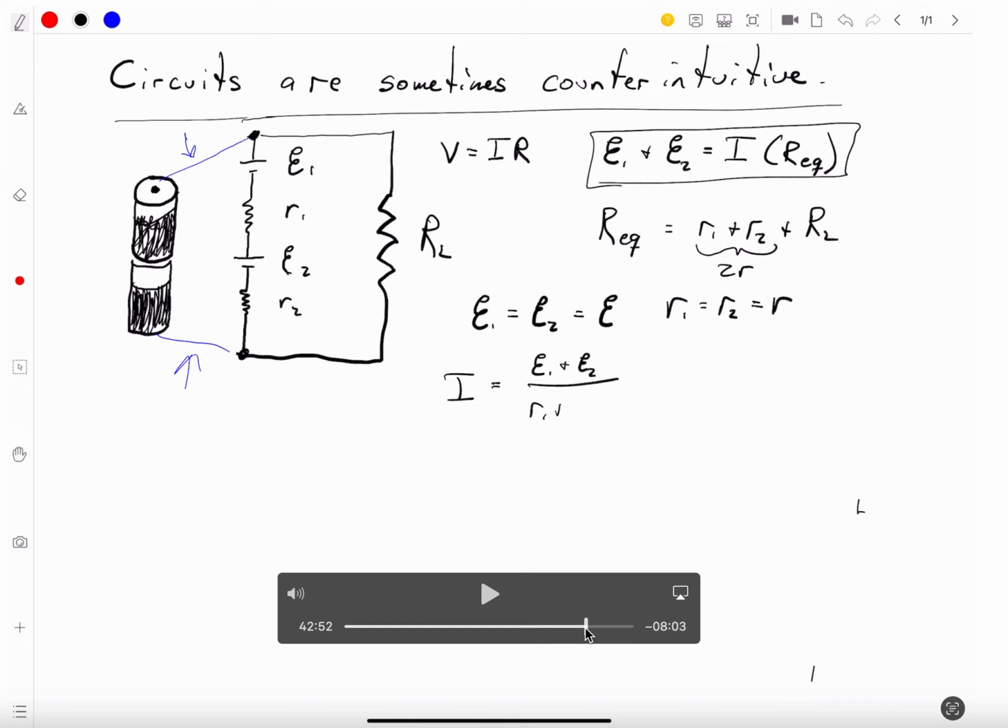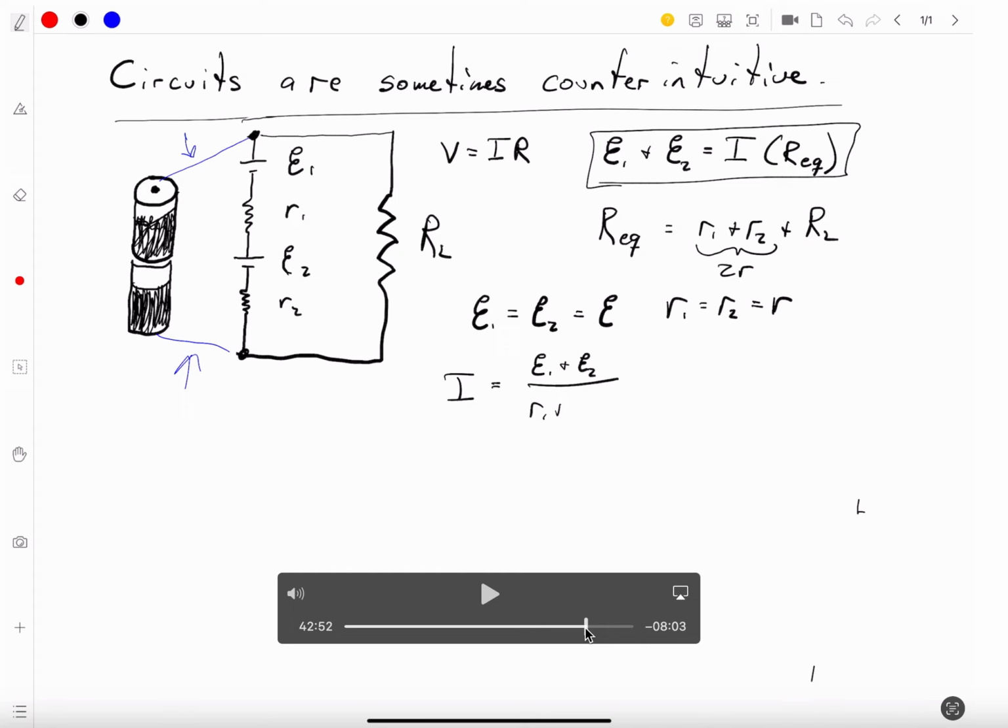We find that our equivalent resistance is R1 plus R2, but the 2 batteries are identical, right? So their internal resistances are the same. So R1 equals R2 equals R. So R1 plus R2 is just 2R. And the batteries are the same, so EMF 1, EMF 2 are equal, and that equals just EMF.